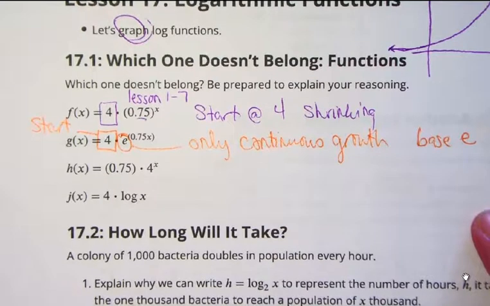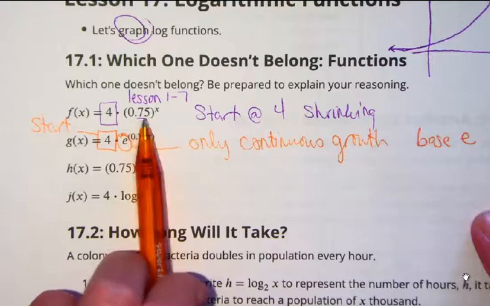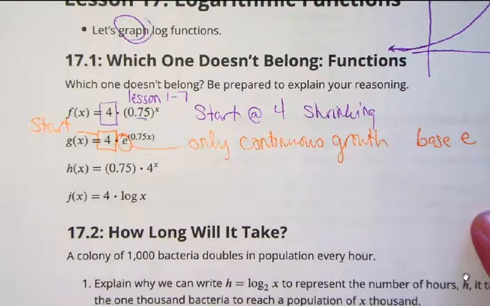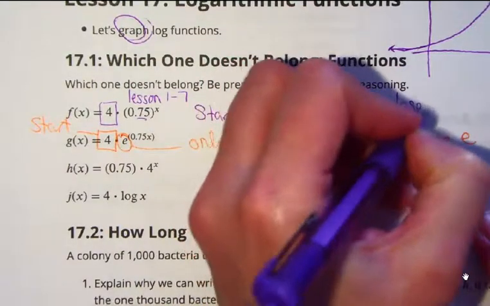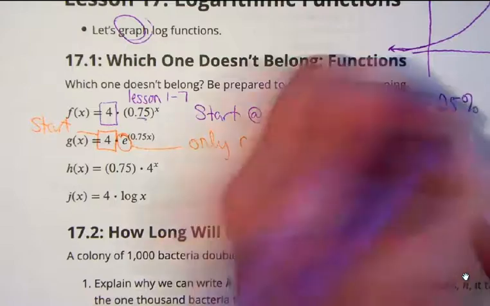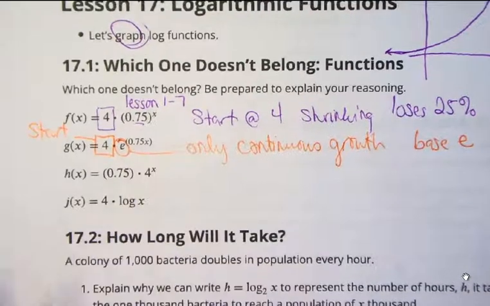And this one, instead of it being a shrinking graph, that 0.75 up here, remember that that would be losing 25% of its value. So I'm going to add that it's losing 25% of its value each time. It keeps 75%, but it's still a shrinking graph. This one is going to be a growing graph.